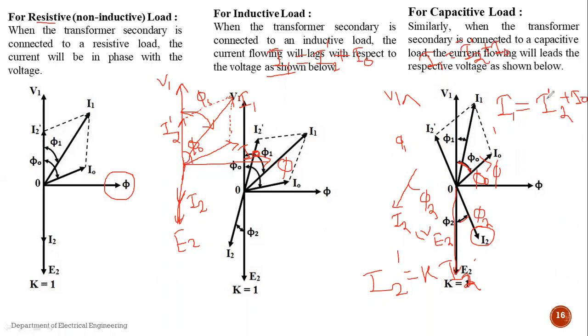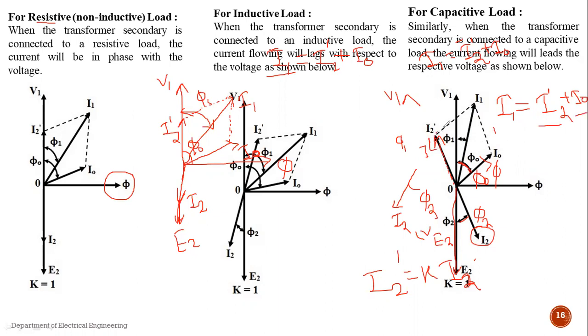I2 dash is opposite to the secondary current I2, so we extend I2 in the opposite direction. So it will be like this. Here it is I2 dash. After that, I1 is the vector sum of I2 dash plus I0.